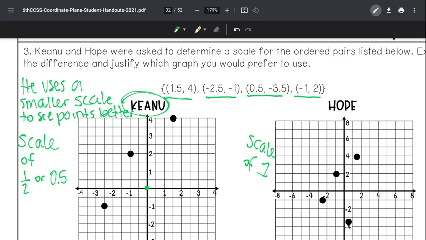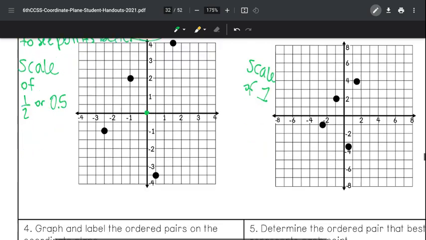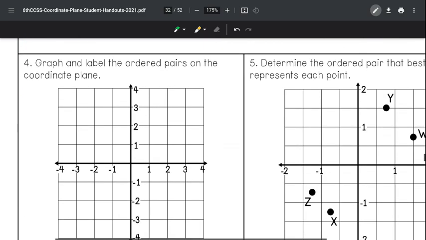Go ahead and pause to write that down. All right, 2 more problems.